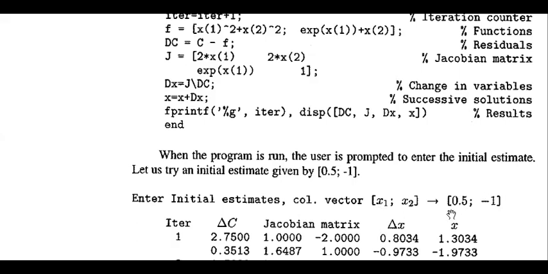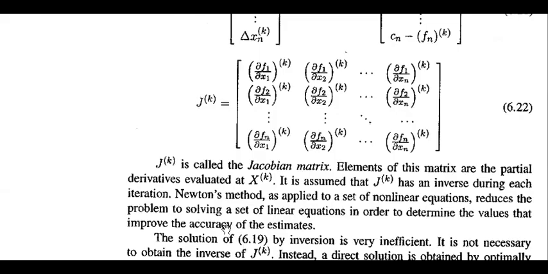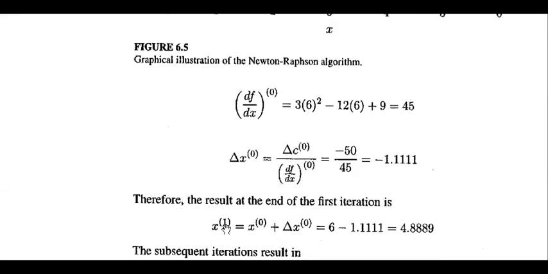So 0.5 plus del x will give you this one, right? Actually, in this equation, you have 0.5 and -1 there, and del x just now what you have got. So this summation will give you x1.